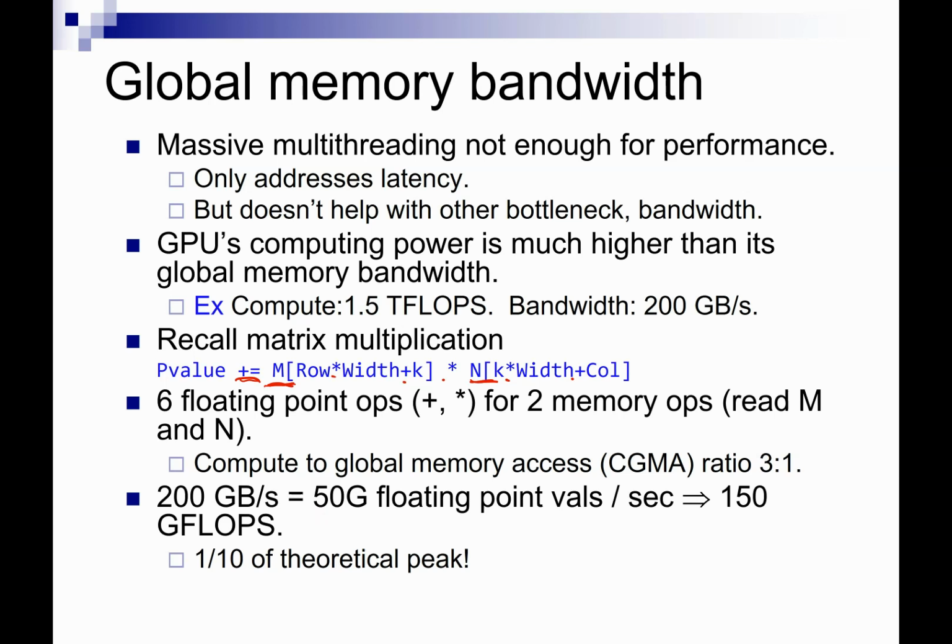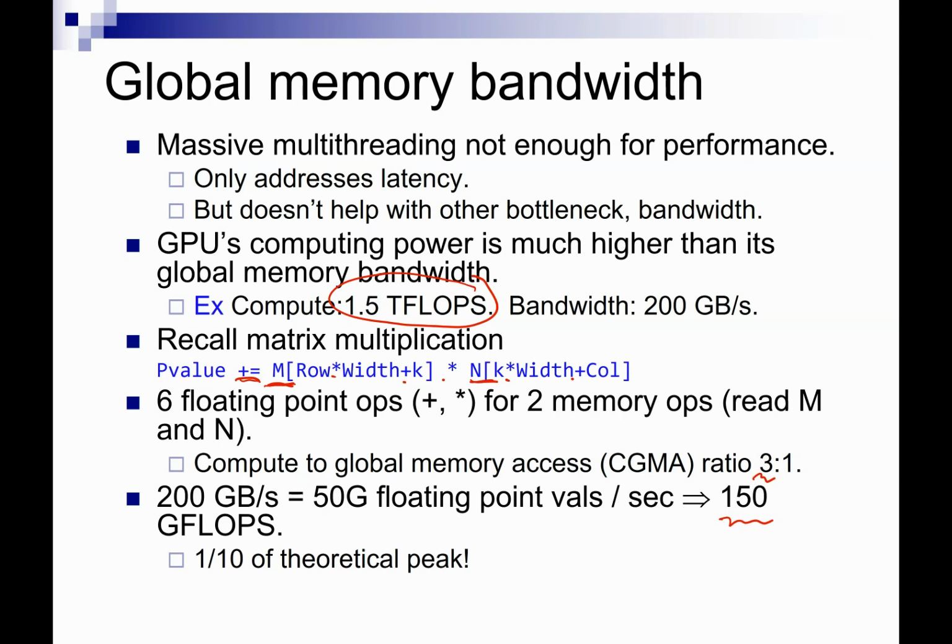For each floating point value you read, you're going to do 3 computations. Therefore, you can only do 150 billion computations per second because of your memory bandwidth. This is only 1/10 of what we can potentially achieve, which is 1.5 trillion. So here we're very limited by the memory bandwidth.